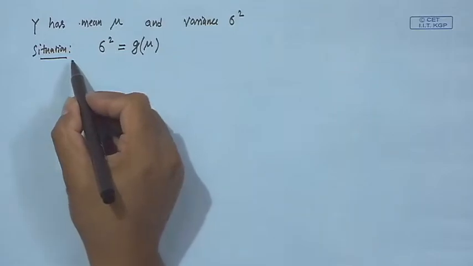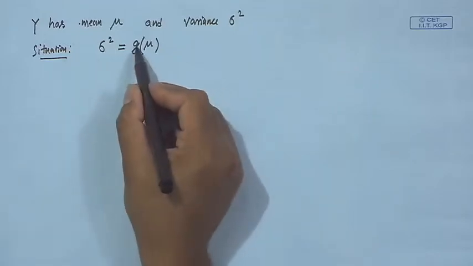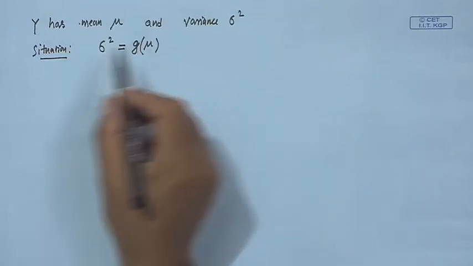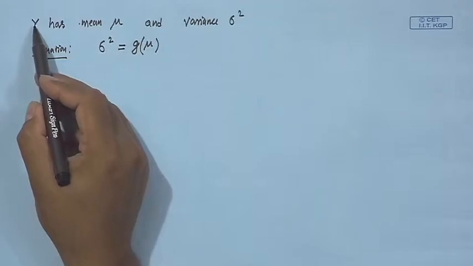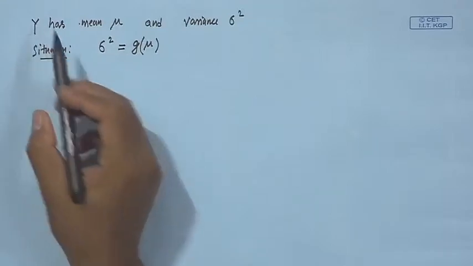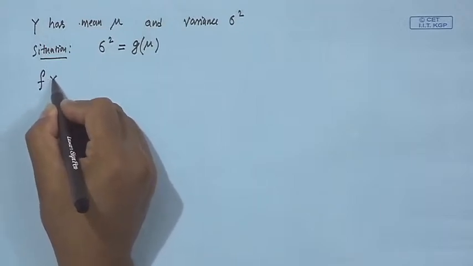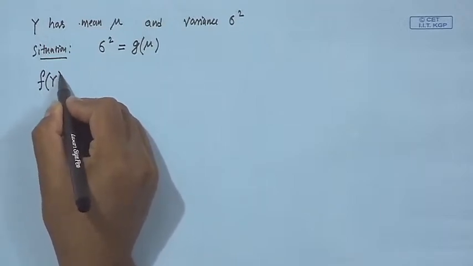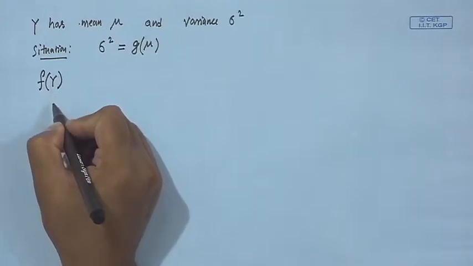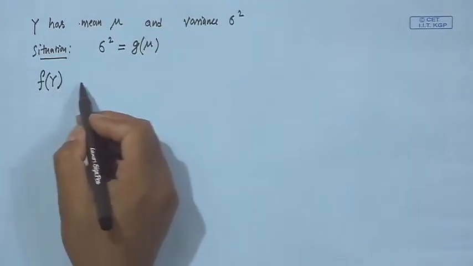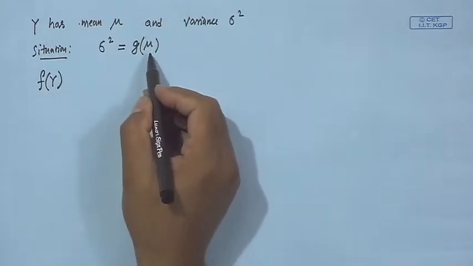Okay. So, depending on this g, we will try to find a transformation on y, say call it f of y, such that the variance of f of y is constant, it does not depend on mu. Okay.